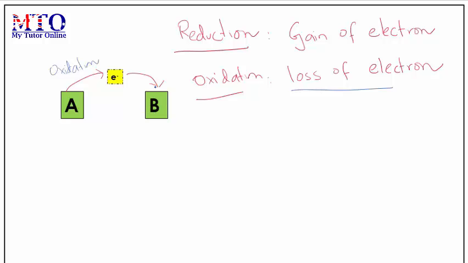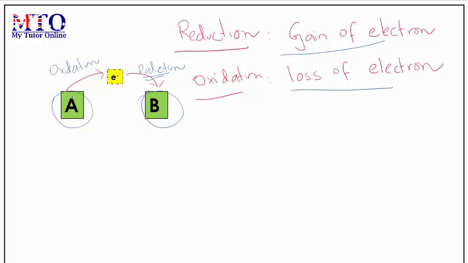And the reverse is happening here. Species B, or substance B, is gaining electrons from A, so this process must be reduction. Whenever there is gain of electrons, that process must be reduction, and whenever there is loss of electrons, that process must be oxidation.